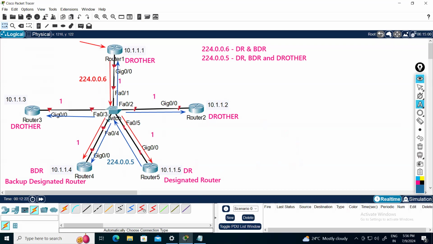Now DR and BDR are implemented by default in OSPF. We do not implement them; it is already there. So you understood how the DR BDR concept works, what is DR, what is BDR. Online people, is it clear? Yes, sir. All right.